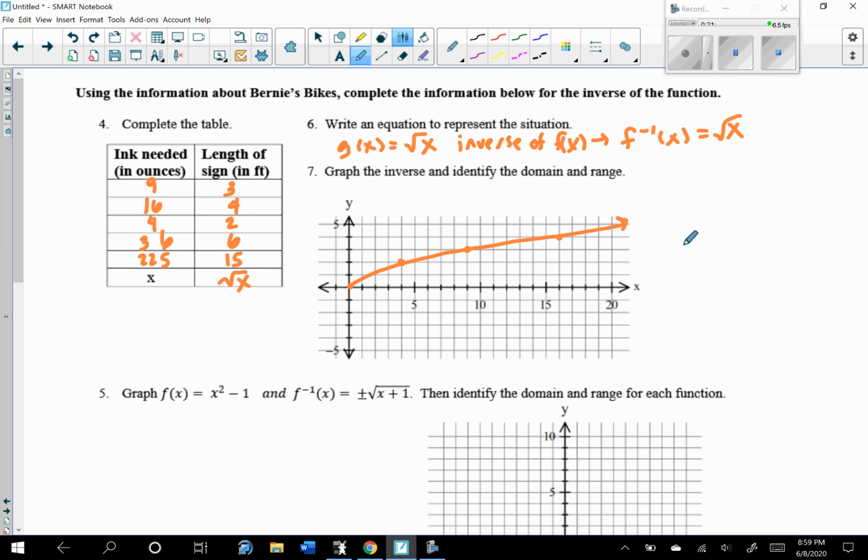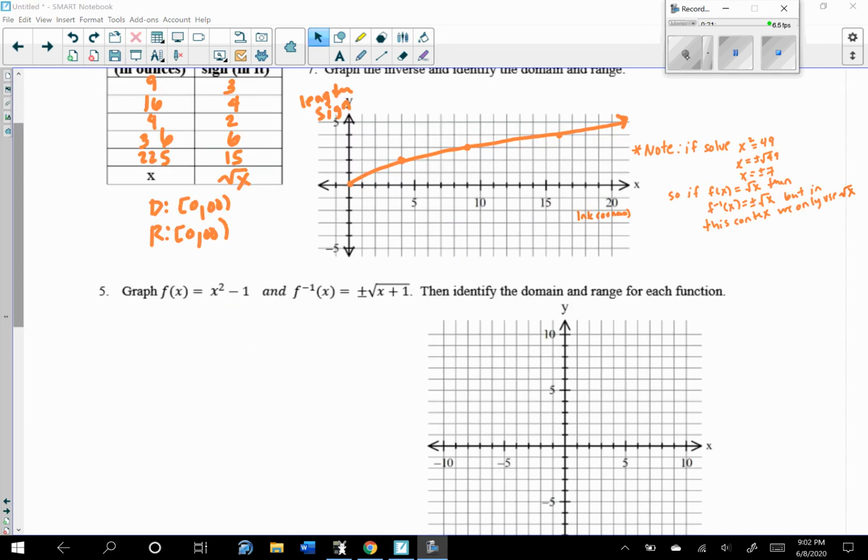So again, we know that the x now is the amount of ink in ounces, and y is the length of the sign. And again, notice that we are only using the positive side. So the domain is 0 to infinity, and the range is still 0 to infinity.